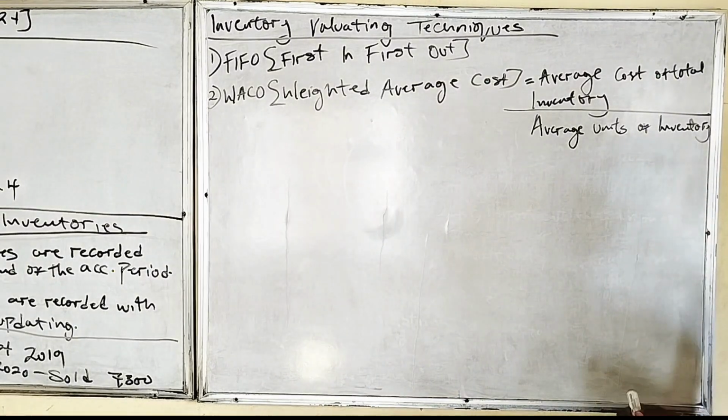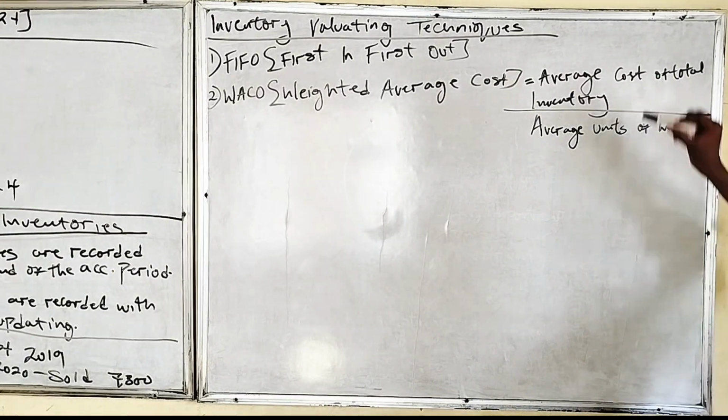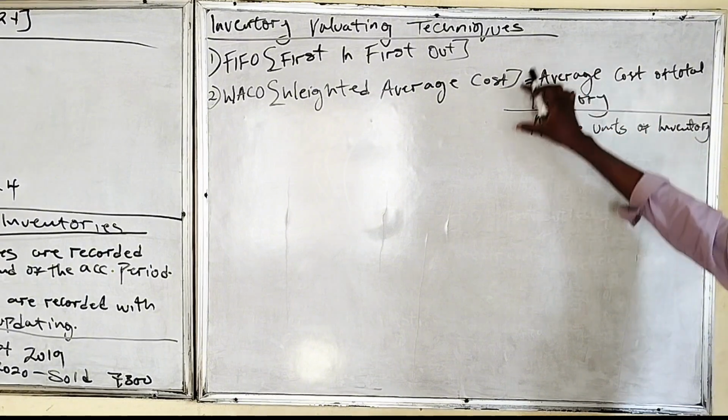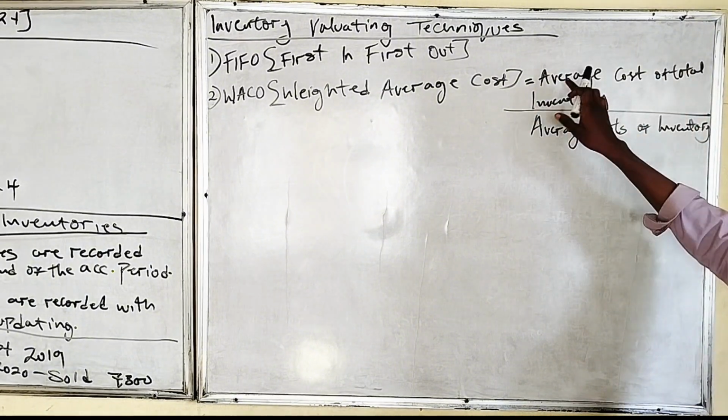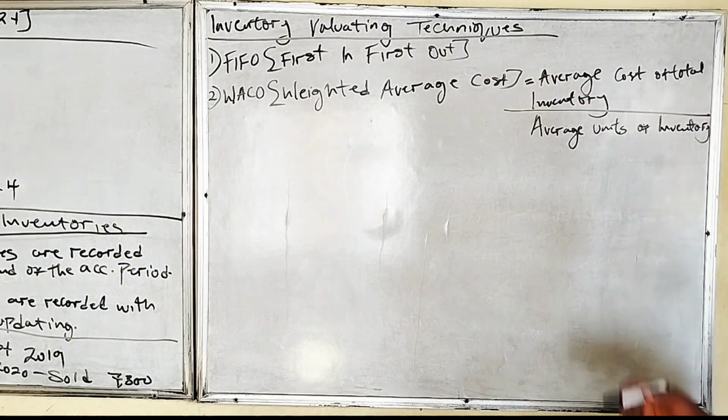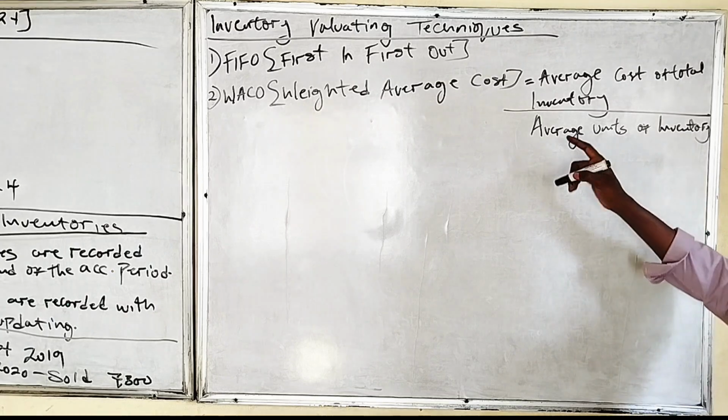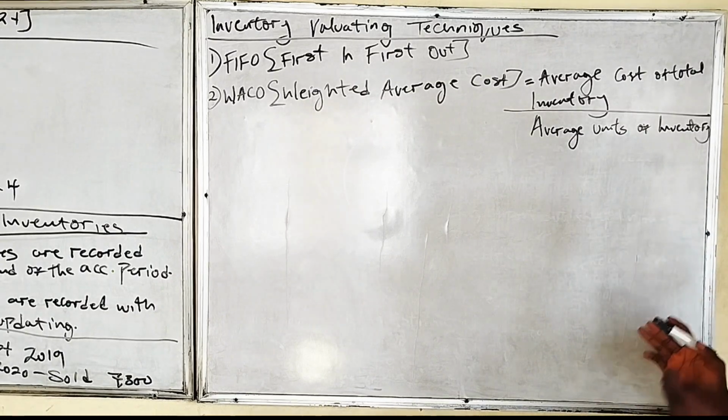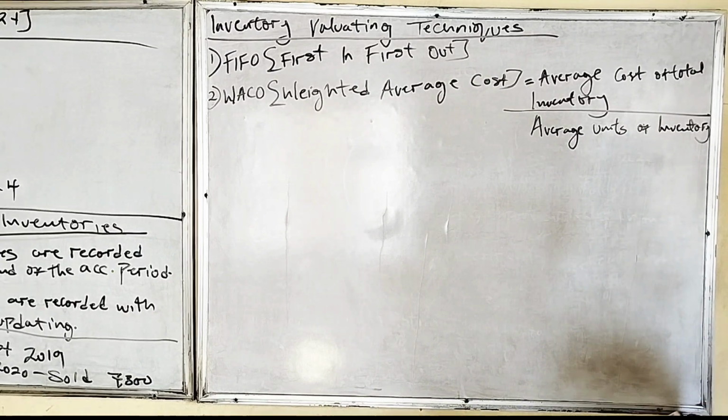So using the weighted average cost method, we issue out inventories at this cost. That's the average cost of total inventory to the point of issue divided by the average units of inventories as at that point.